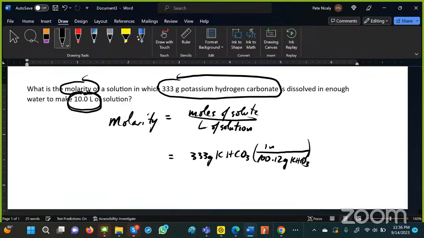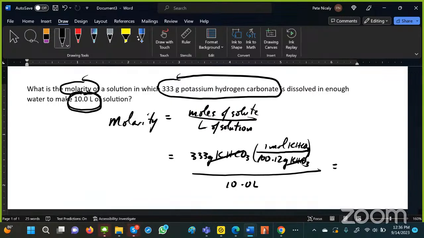And here I'm going to have 1 mole of KHCO3, all right? So this will cancel out with this. So basically, the only thing that's left for us to do now is divide the result of that by 10.0 liters. So let's see what that gives. 333 divided by 100.12 divided by 10.